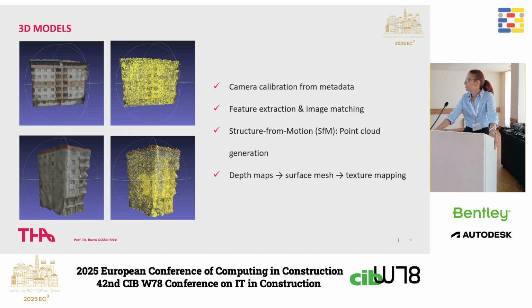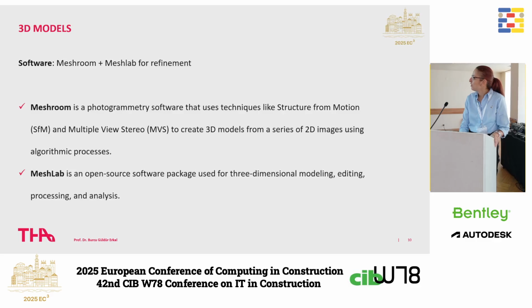As I said, we used structure from motion, depth map, surface mesh, and texture mapping. All in all, we had very bad resolution models, but good enough for understanding. Meshroom is the SfM software, and Meshlab is something you can use to play with your point cloud.